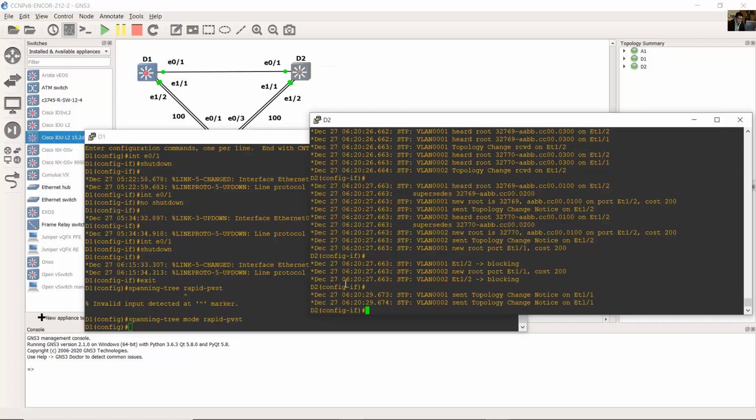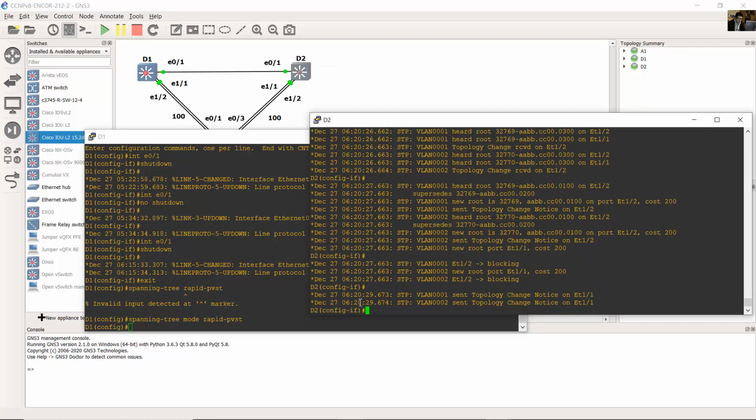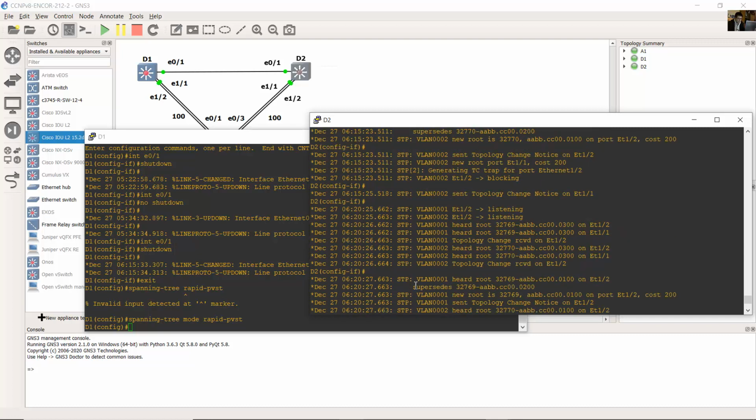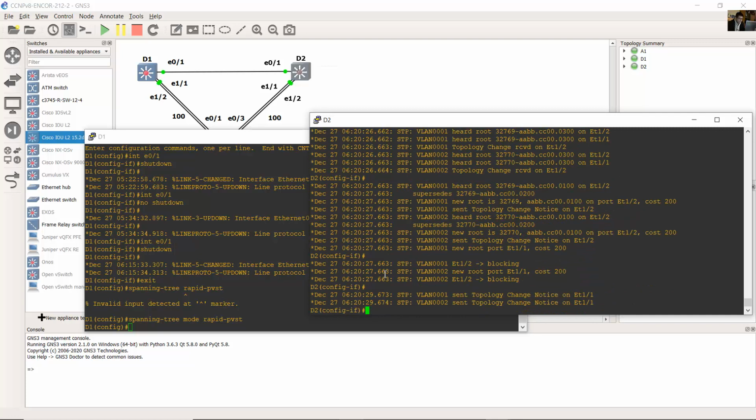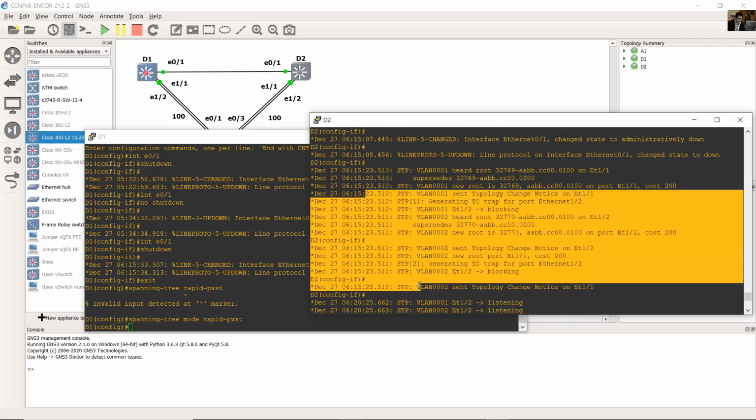Okay, only 4 seconds. So that's why Rapid is very fast.